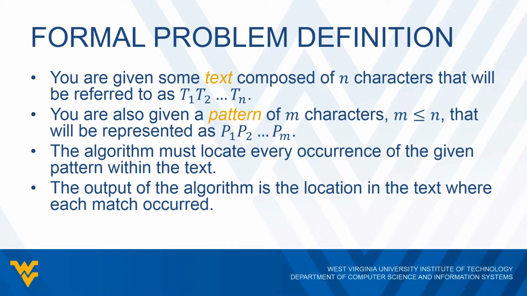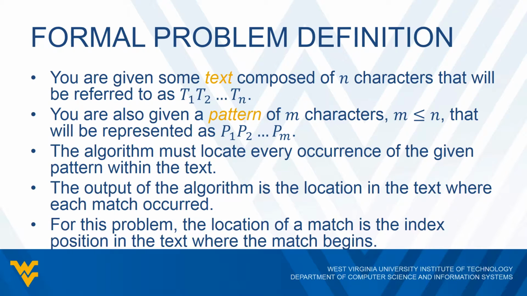We want to know where each occurrence is located. For our purposes, the location will be the index of where the match begins. For example, if we have a text of 10 characters, and our pattern is 2 characters, and we find a match at locations 3 and 4, then we're going to say that at location 3 we had a match. We're just saying where the pattern starts whenever we find an occurrence in our text.